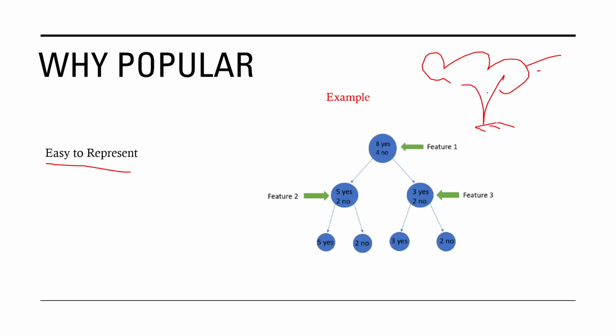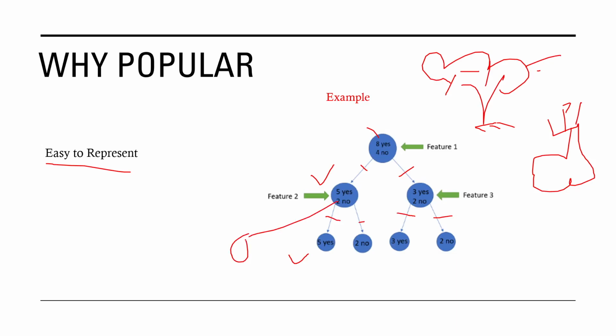If we reverse the tree, we can see the root on the top, the branching node here, and this is the leaf node. Easily we can represent. And most decision trees follow binary classification, which means each node has two branches, but in some cases it can have more than two, it's possible.